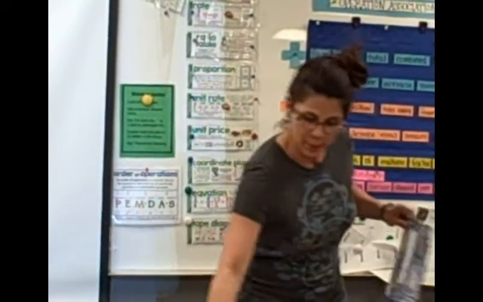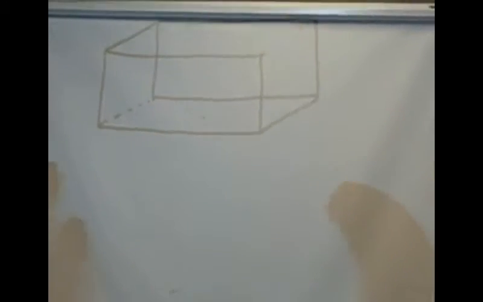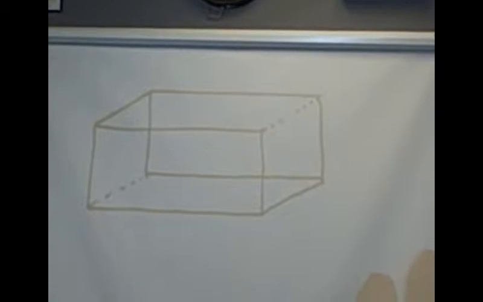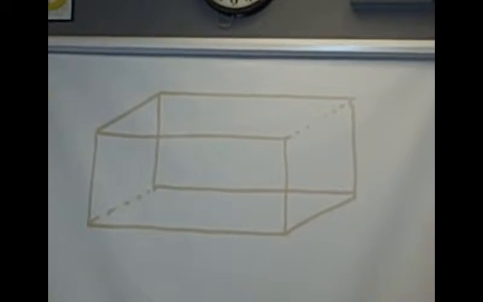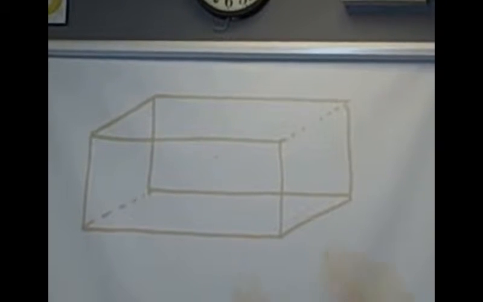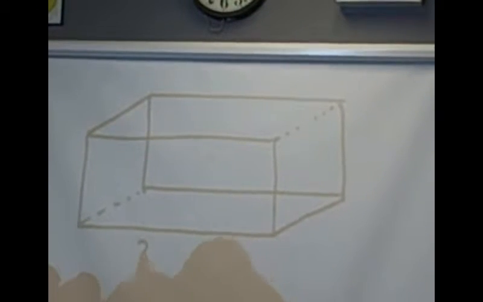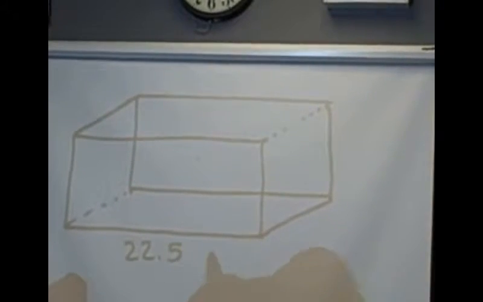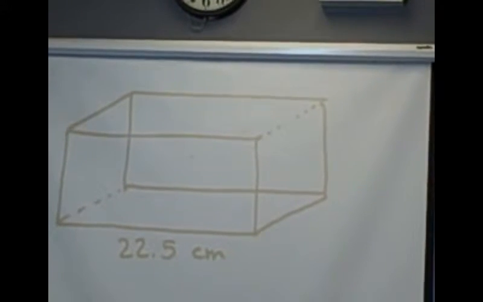All right, I'm going to head to the back of the room. All right, so the first thing that we're going to look at here is the 3-dimensional figure of the Kleenex box. We said that the length was 22.5 centimeters.